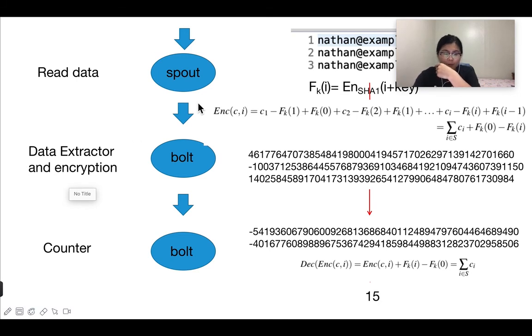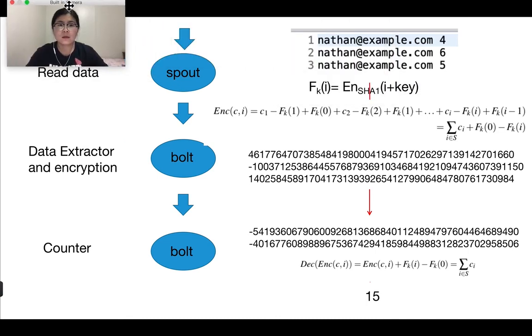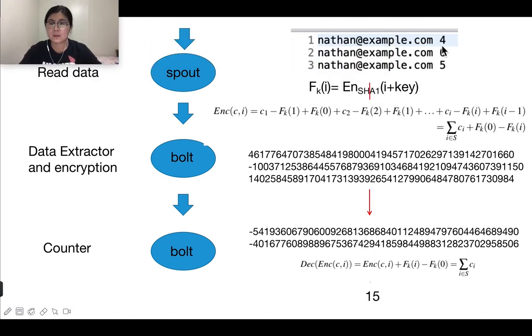And the first bolt receives the tuples and encrypts the sensitive value, like in this example, where 4, 6, and 5 are the sensitive values, and the user is reluctant to let the cloud know.